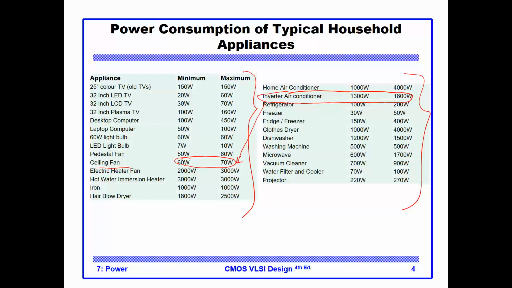The cloth dryer goes up to 4 kilowatts. The purpose here is to raise awareness of the devices in our home that consume a significant amount of power.